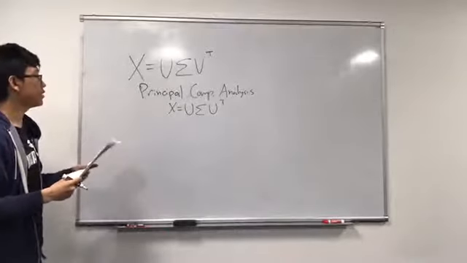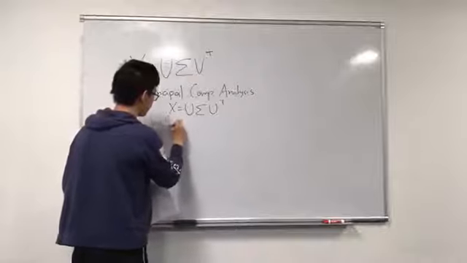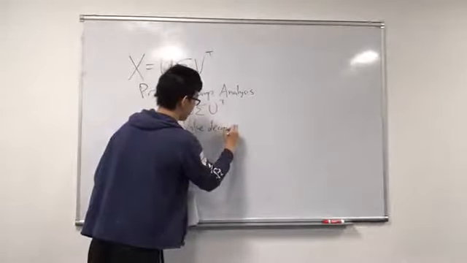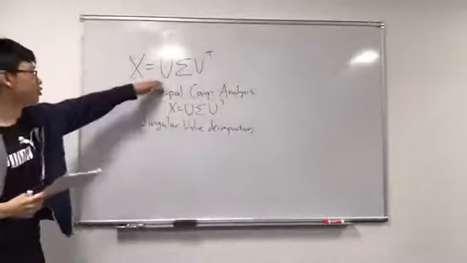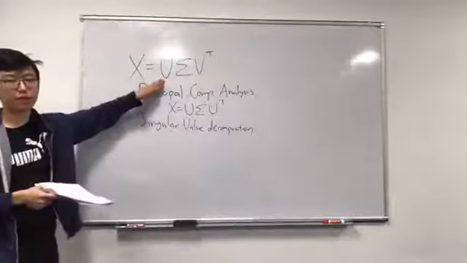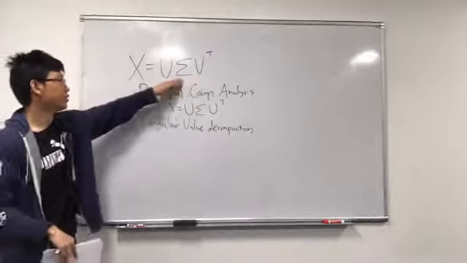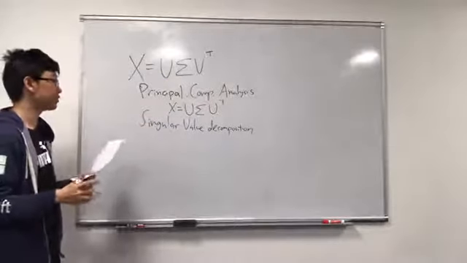In the more general case, that's just called singular value decomposition. In this case, U corresponds to the left singular vectors, V corresponds to the right singular vectors, and the diagonal of the diagonal matrix corresponds to the singular values.